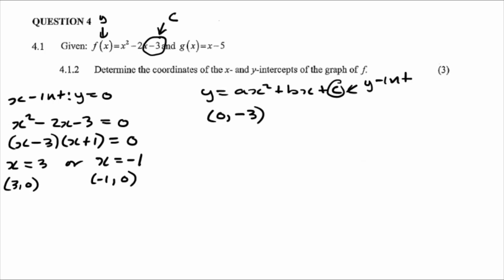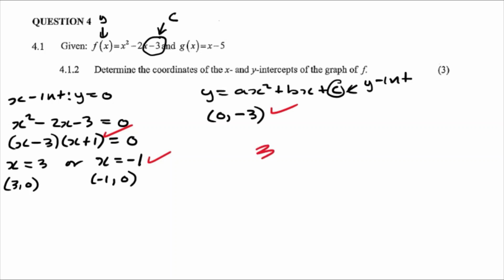Over here you get your mark for your factors, and then remember we are looking for x intercept and the y intercept. You get a mark for both x values, and then you get a mark for the y. So that is your 3 marks over here.